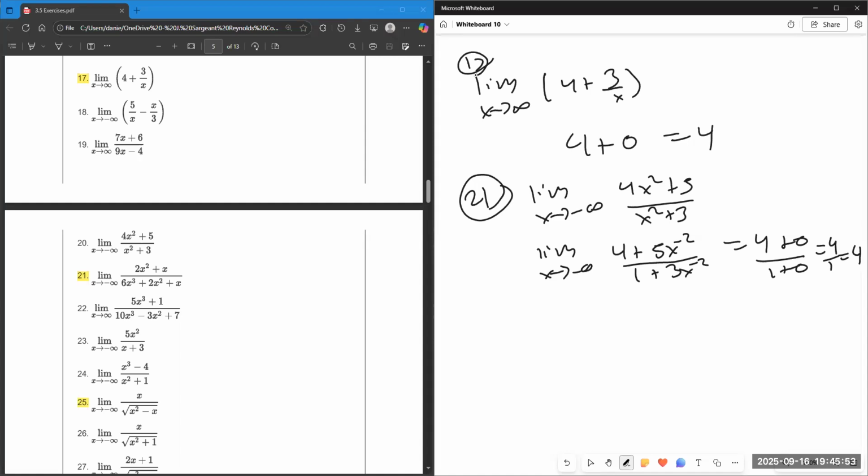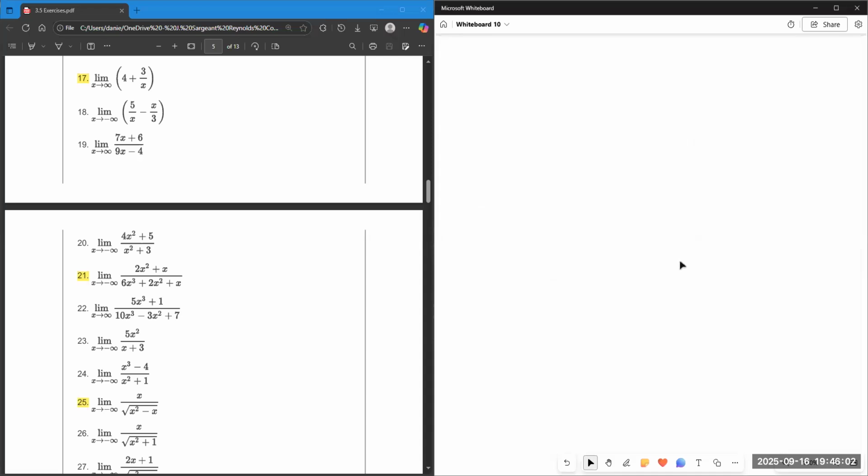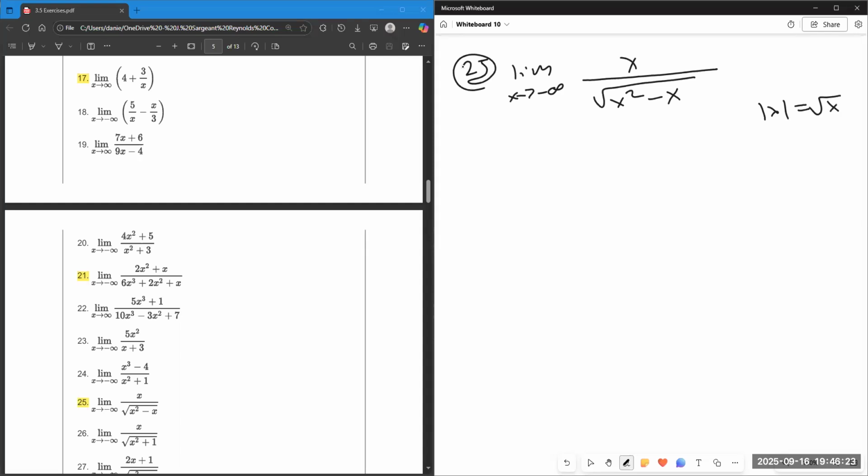Let's continue now with number 25. Number 25 says limit as x goes to negative infinity of x over root x squared minus 1. There's a couple of different ways to think about doing this. I like to use the fact that the absolute value of x is equal to the square root of x squared.